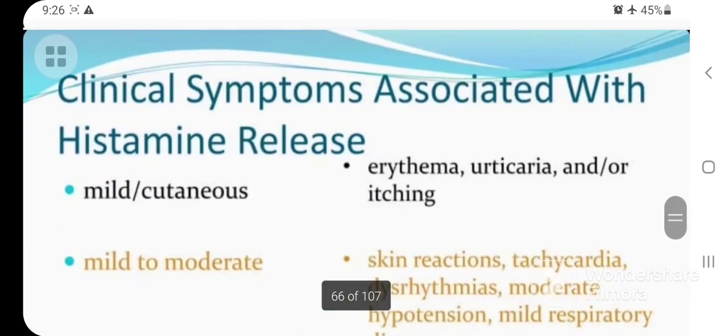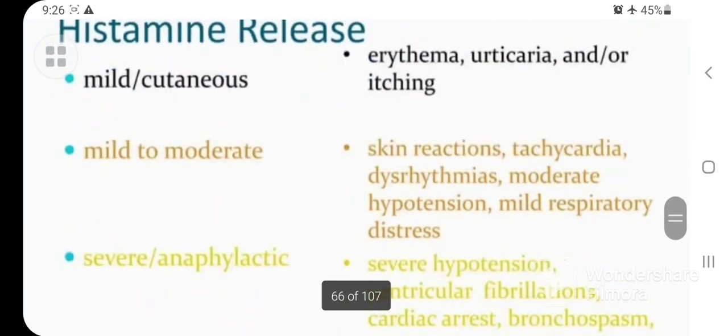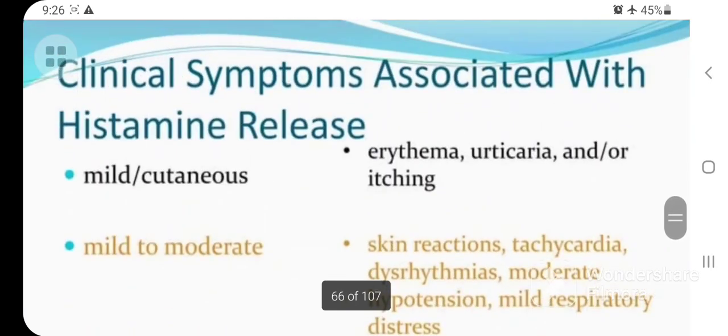Then symptoms associated with histamine release. If histamine is released, what symptoms can you expect? One symptom is urticaria, where if the condition is mild or cutaneous, you get itching or erythema.